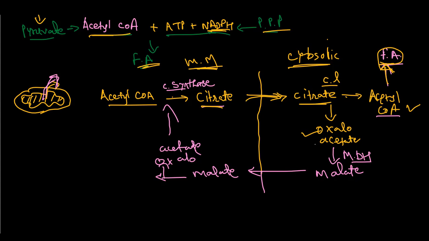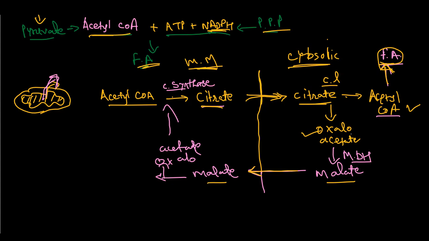This oxaloacetate can be converted into malate by the enzyme malic dehydrogenase. This malate is going to pass through the inner mitochondrial membrane, so that it can go inside the mitochondrial matrix.